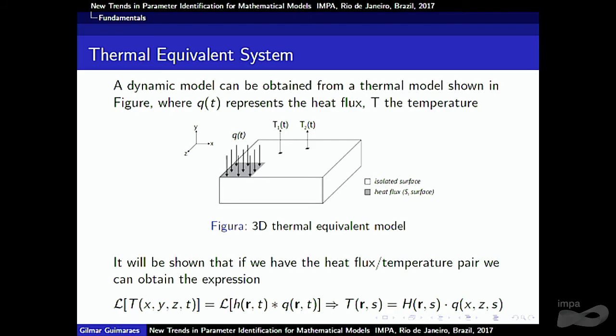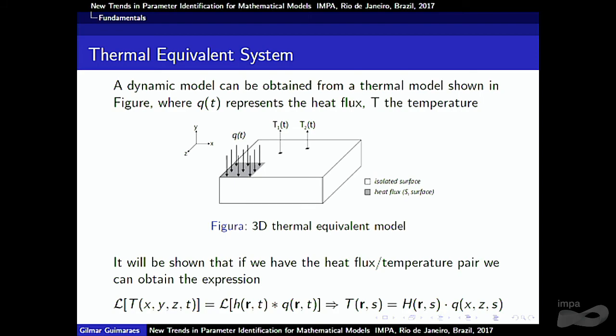In this case, just to show, we have a sample in a 3D thermal equivalent model. We have a heat flux heating partially a surface of the sample, and we have two temperatures measured at two different locations.